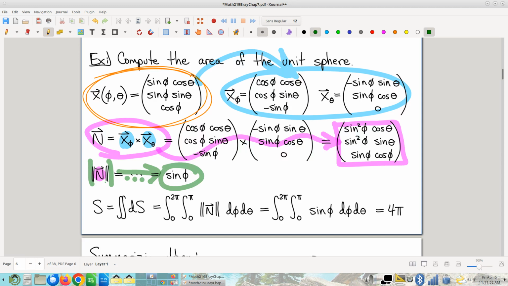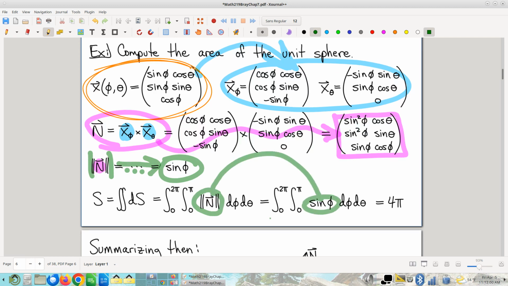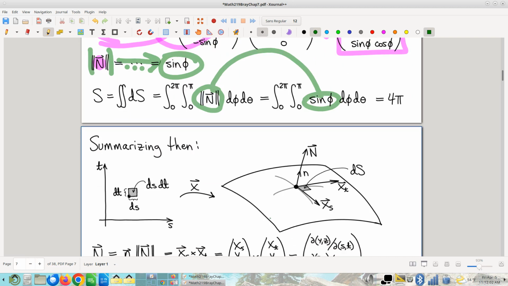And so when you do your pullback, you have to insert your stretching factor. Your stretching factor is just sine phi. So the seemingly hard question of how would I add up all of the little pieces of area on the surface of the sphere to get the total area, well, you just integrate the stretching factor in the phi theta plane. Turns out to be a really easy integral.